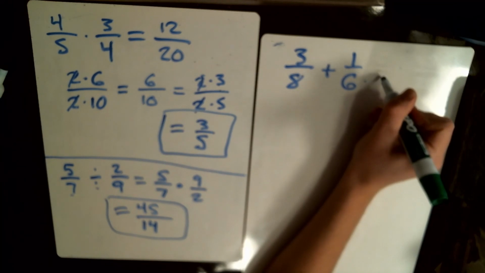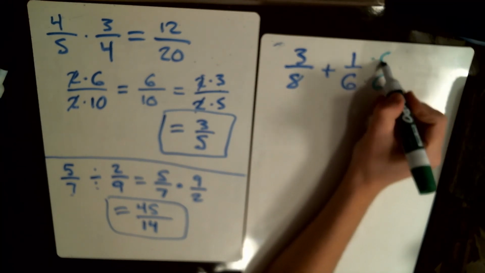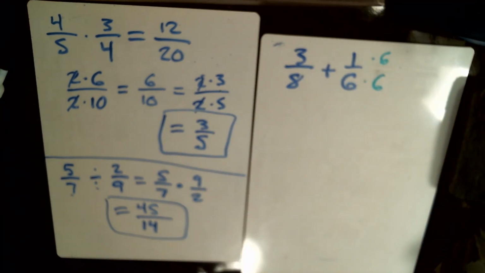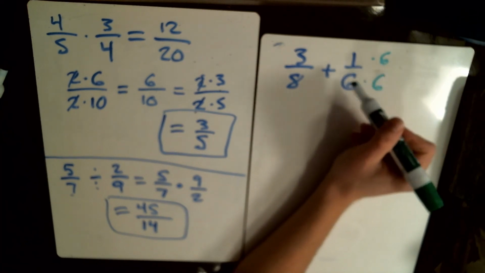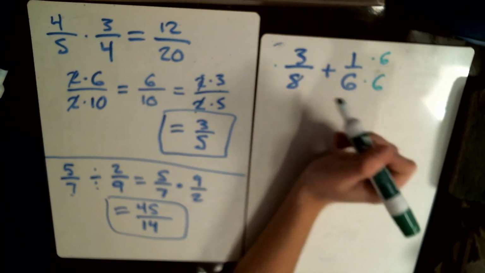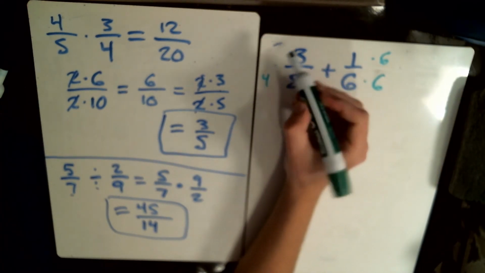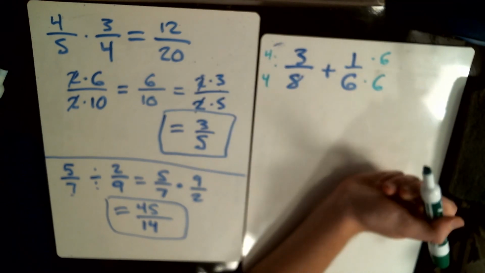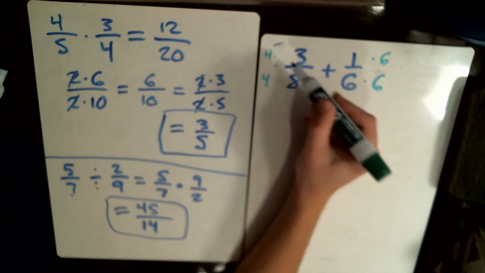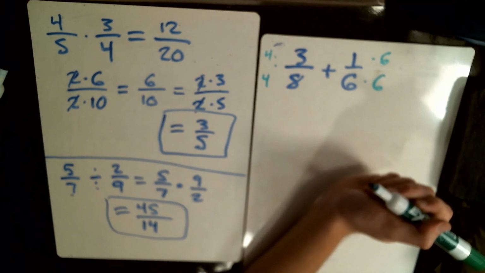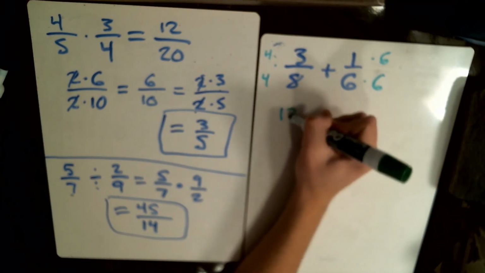So let's do, we're going to make the bottoms of them both 36. So I'm going to do 6 times 6 on that one. And on this one, to get 36, I'm going to need 4 and 4. Okay? So 4 times 3 is 12.